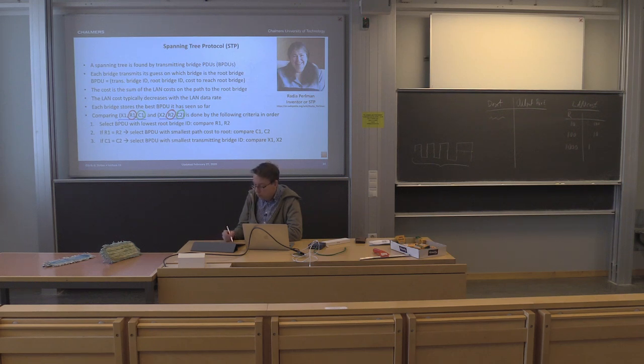Okay. Then if C1 is equal to C2, we go to the third tiebreaker, and that is we select the PDU with the smallest ID. So then we compare X1 and X2 with each other. Okay, so that's how we compare PDUs. And now we're ready to run the algorithm.